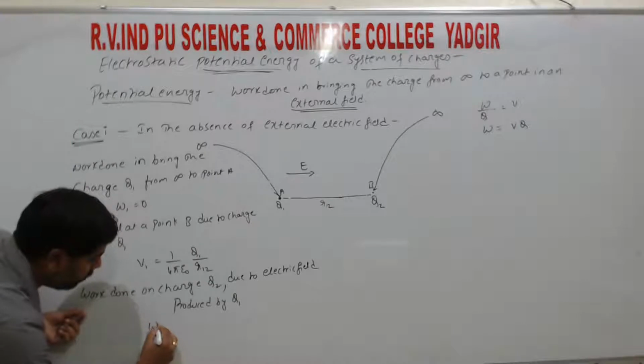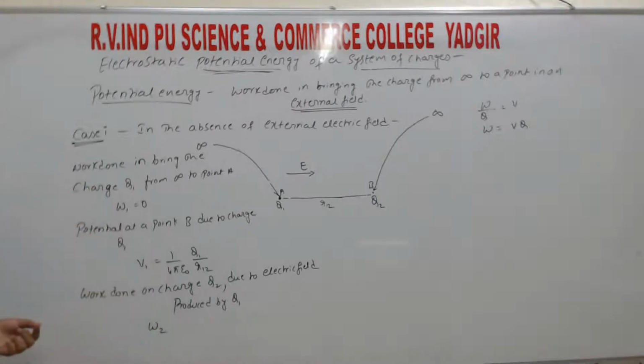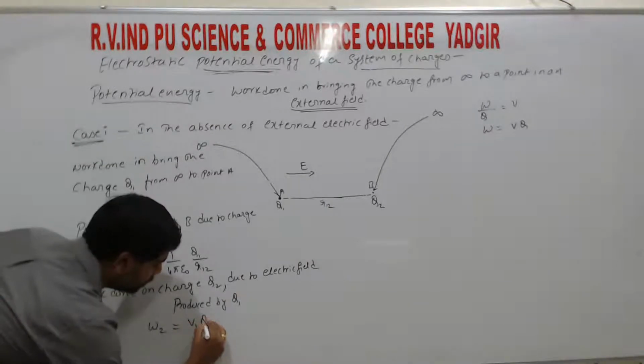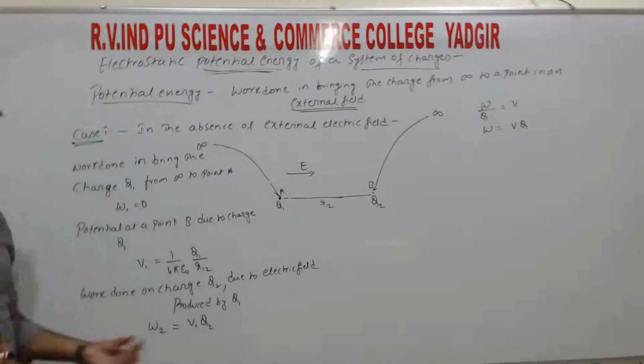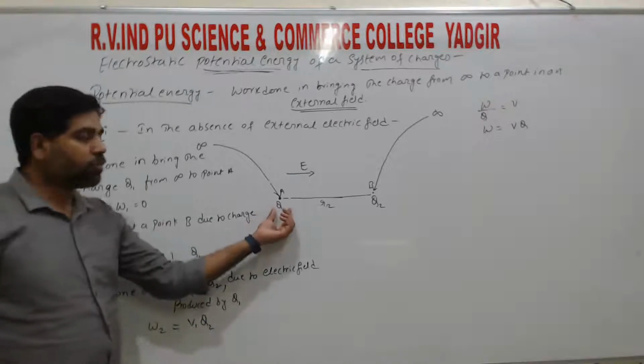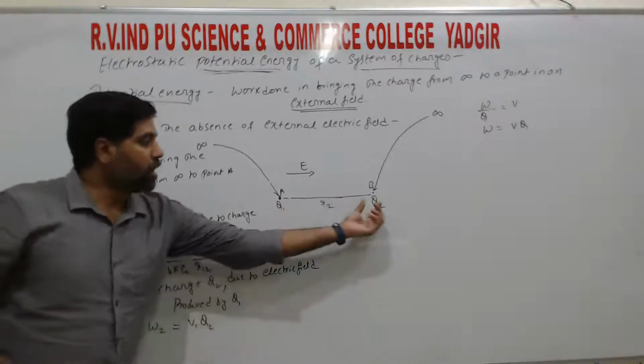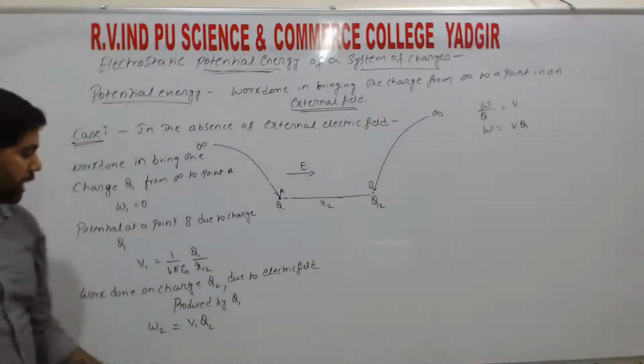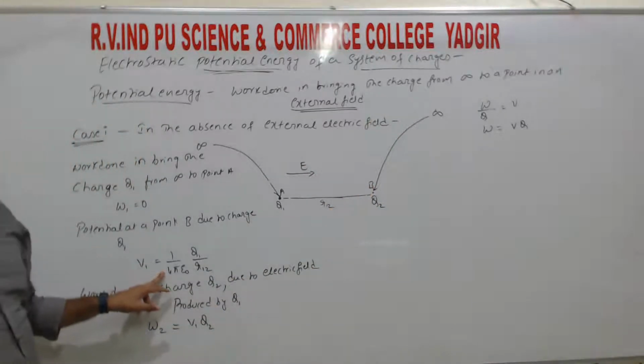So for that, work done W2 is equals to, from that formula, V1 Q2. V1 is the potential produced by the charge Q1 and we are bringing the charge Q2 from infinity to the point B, right? So here we know the value of V1.